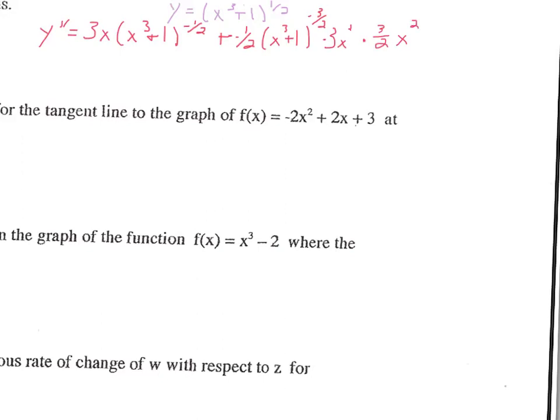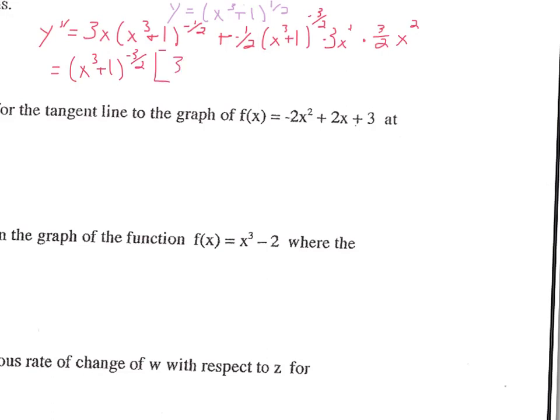So let's do some simplifying before we plug a 2 in to make our lives a little bit easier. First I'm going to factor out the smallest exponent, which is x cubed plus 1 to the negative 3/2. We'll take that out, and then we'll write down what we have left over.